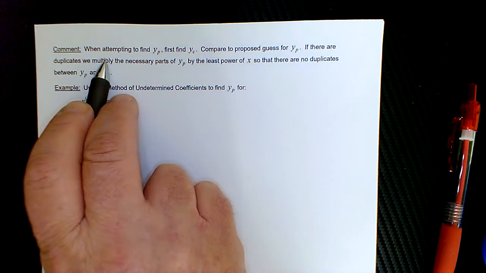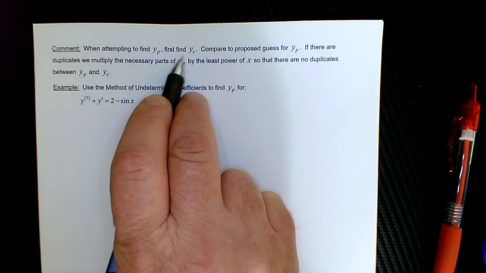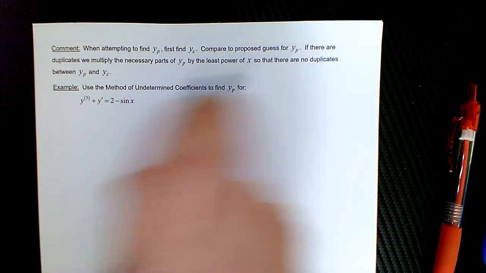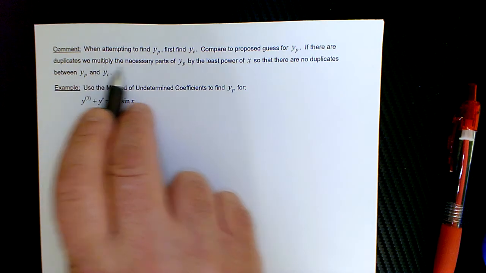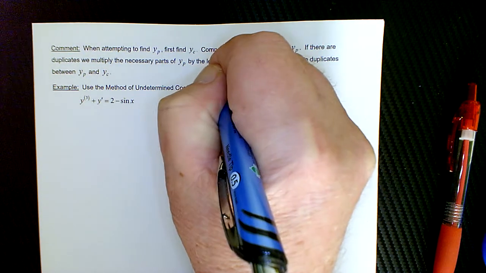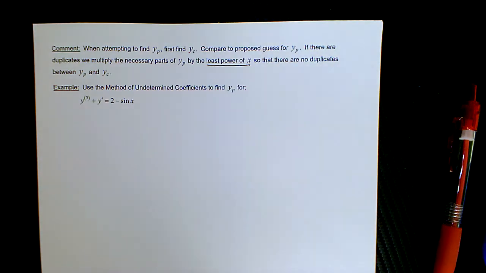So the idea is, if you want to find y sub p to make it easier, find y sub c first, and then compare it to y sub p. If there's duplications, multiply the necessary parts of y sub p by the least power of x, so that there are no duplicates between y sub p and y sub c.